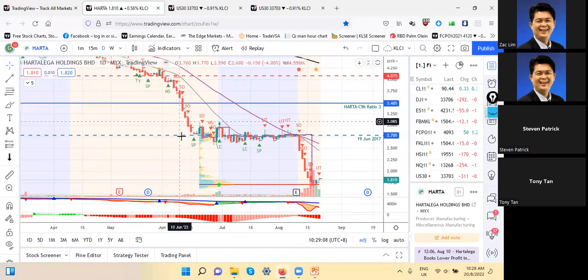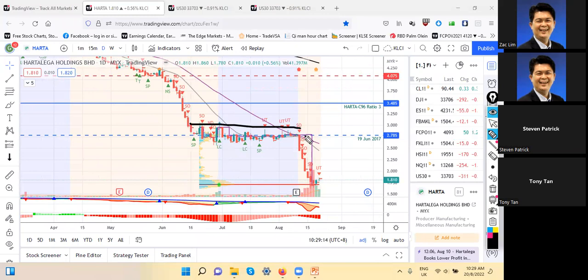Usually when you have a drop of 7 bars continuously, it has already reached the base. But whether the base will rebound or not is another question. So a drop of 7 bars in this case in Hatha means it is already in a bear market.